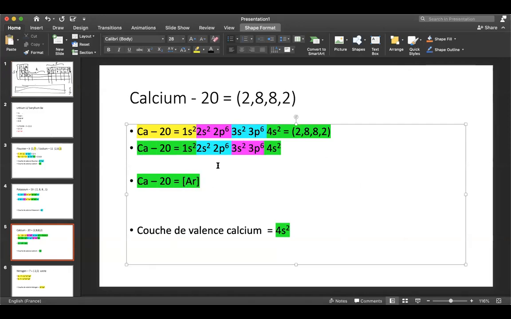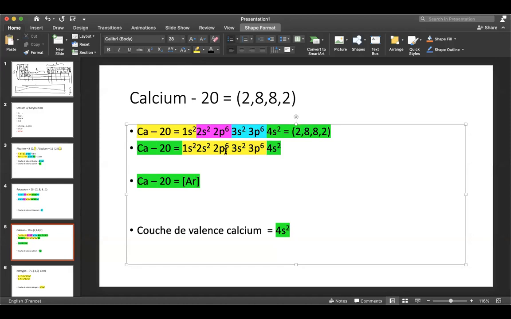If you look at this clearly, I will change the color to yellow. The s orbital occupies a maximum of 2 electrons. The p orbital also occupies a maximum of 6. And we see this variation for the 3 energy levels, the 1st, the 2nd, and the 3rd.